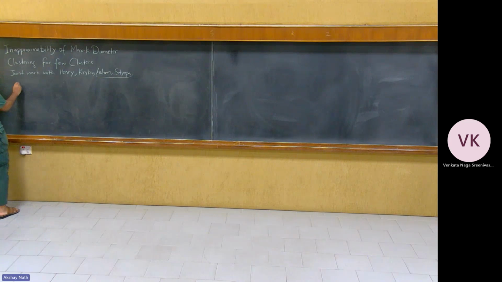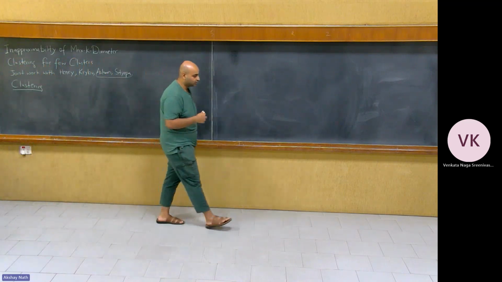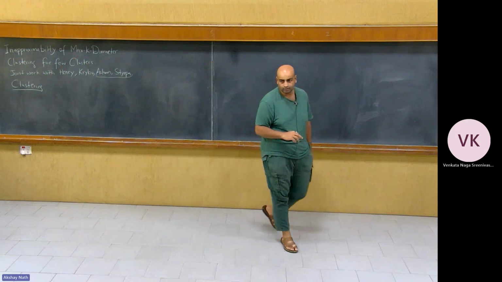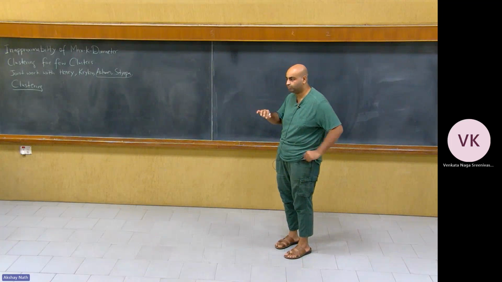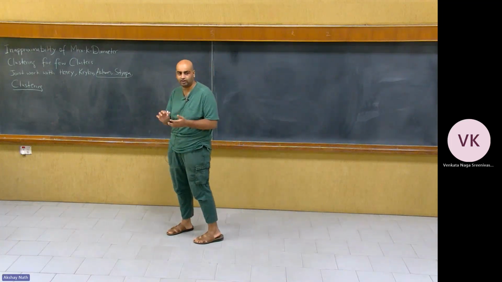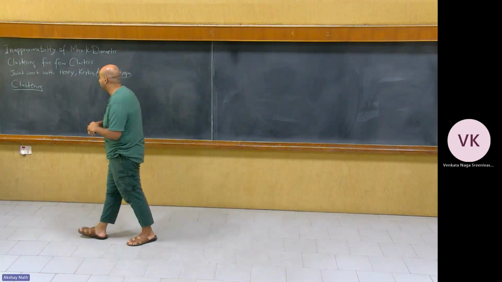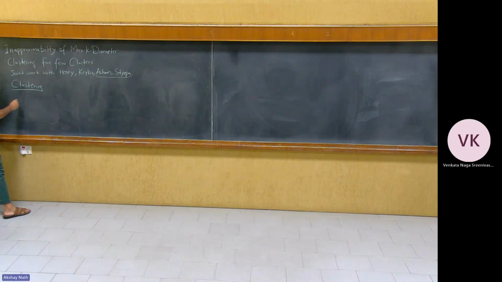So let's start with clustering. Clustering can be broadly considered as the task of partitioning some input data into parts such that each part has some property that's kind of good. And so then we can try to formalize this. When we try to formalize it, we have some metric space gamma.